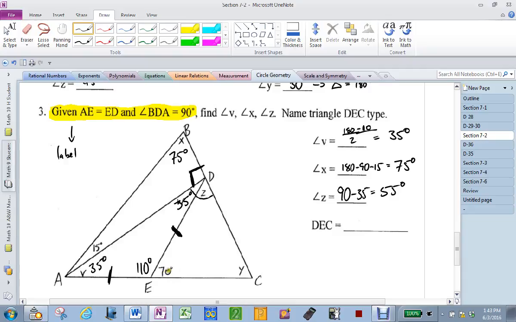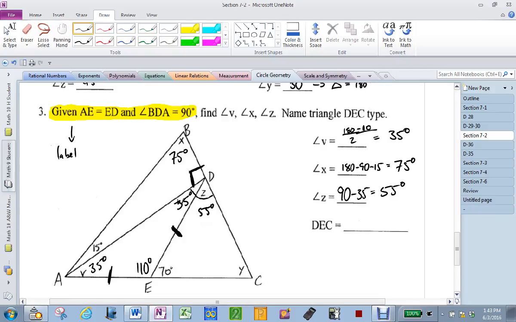That's 70. Yeah. 70, 70, 70. So I know that. What is Z? 55. Right? So I've got 70 and I've got 55.